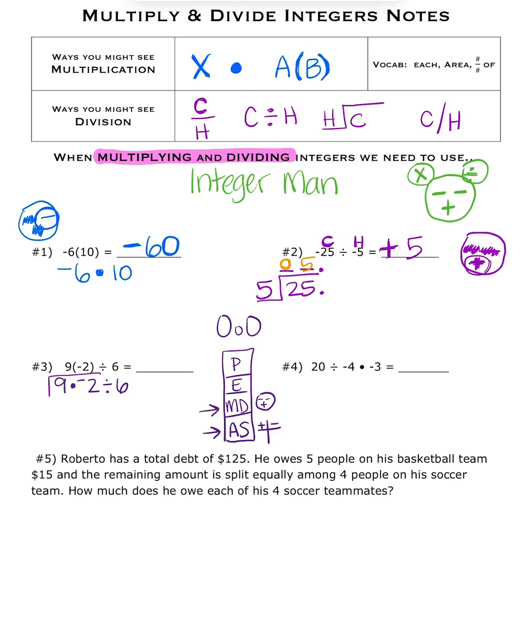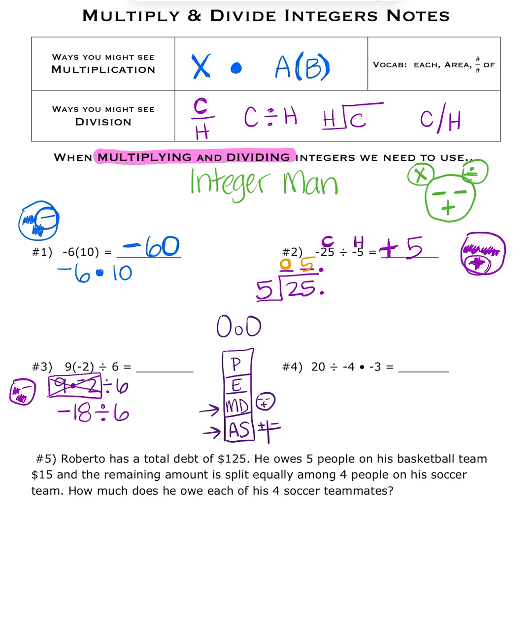So I'm gonna go left to right for my multiplying and dividing. I am multiplying with a negative, so I need a little integer man out here. I have a positive 9 and a -2, so my answer will be -18 for this first 2 numbers. And then I just rewrite the rest of my problem, which is divided by 6.